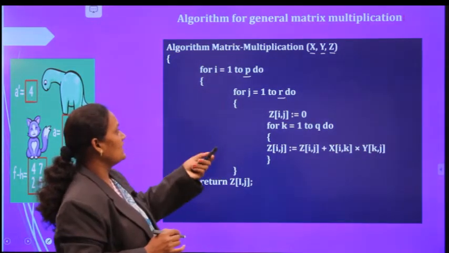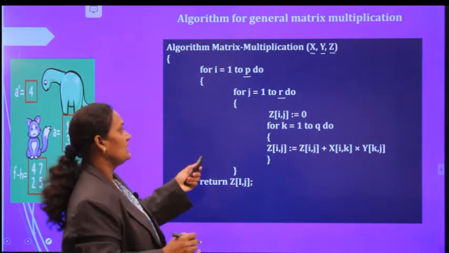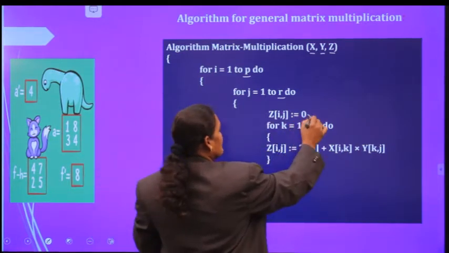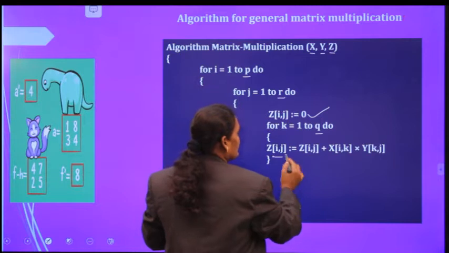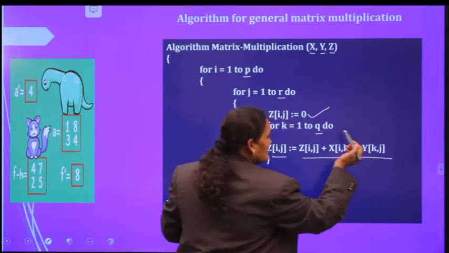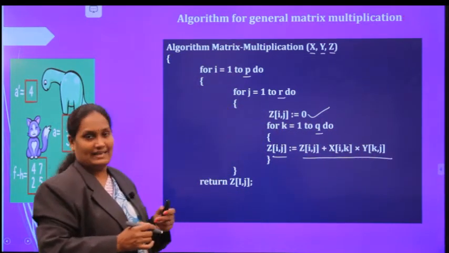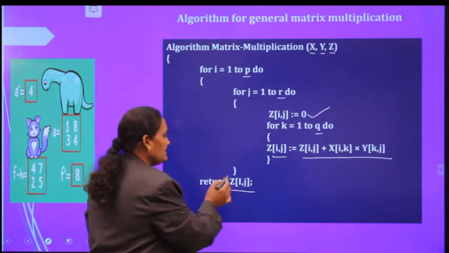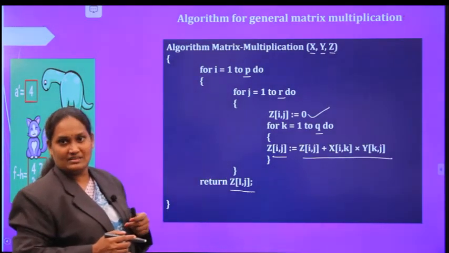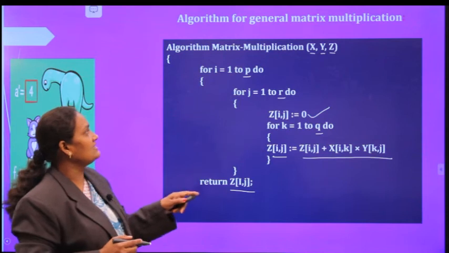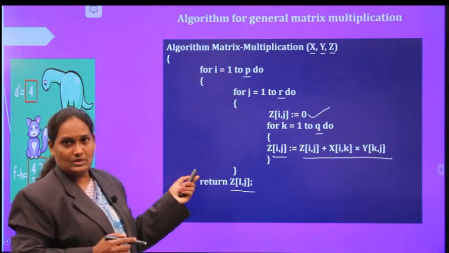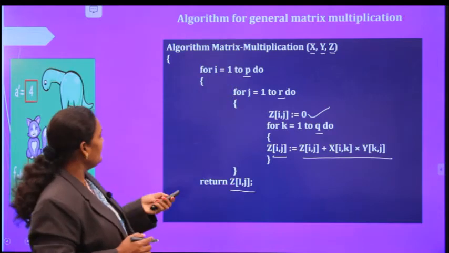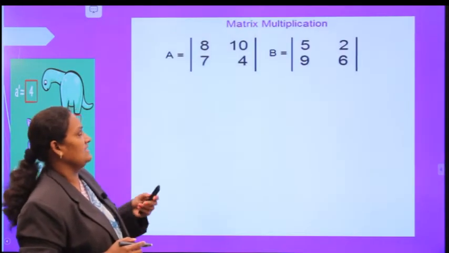For i equal to 1 to p and for j equal to 1 to r, initially I initialize zij with 0. For k equal to 1 to q, zij is equal to zij plus xik into ykj. Finally we return the resultant matrix z. This is the general algorithm we follow to multiply two matrices.